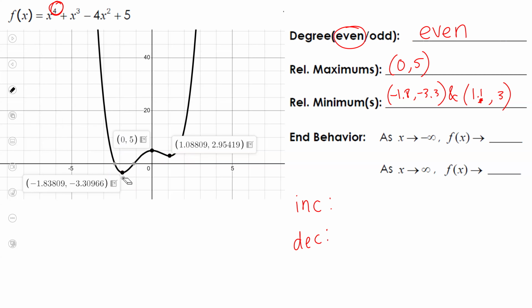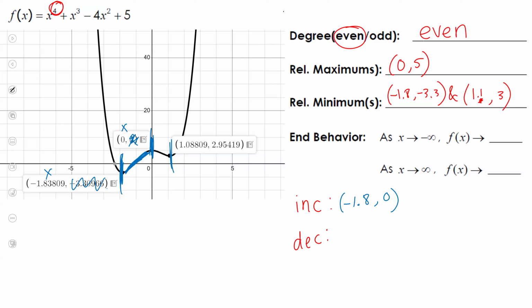All right. So you're increasing. It's only increasing from here to here, and then from here to the end. So between here and here, your graph is increasing. It goes up. That's between this x value and this x value. So that is negative 1.8 to 0. Remember, you're only looking at x values.